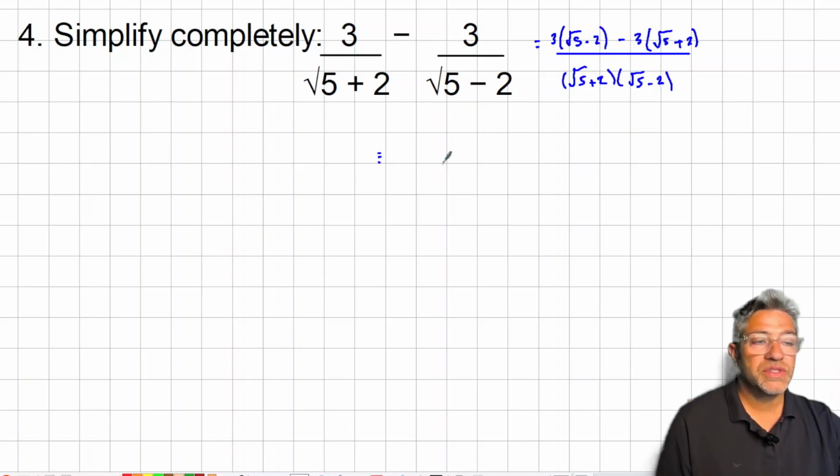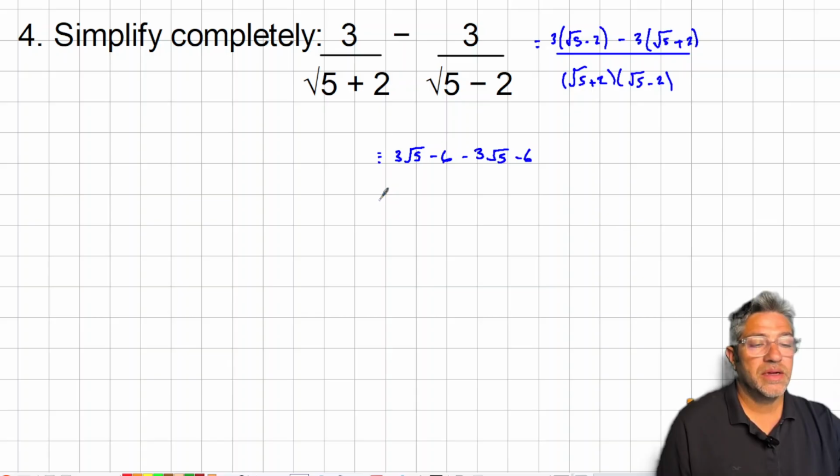I'm now going to start expanding some brackets. So I'll start with my numerator. I will have 3 root 5 minus 6 minus 3 root 5 minus 6.